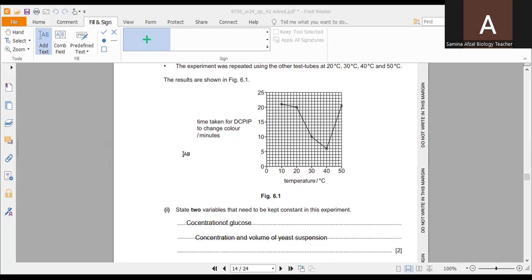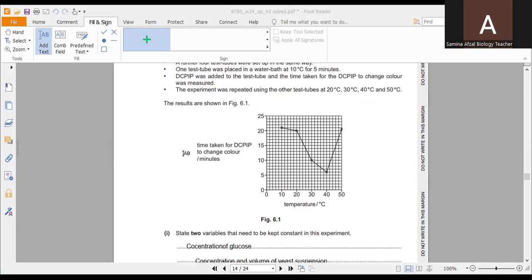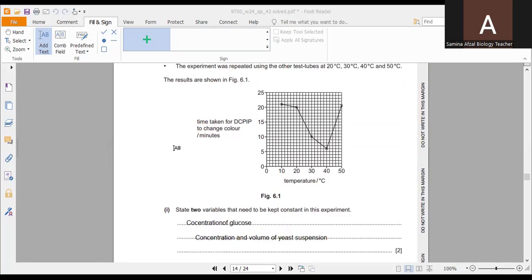State two variables that need to be kept constant in this experiment. You can see here the temperature and the time are the variables. The experiment can be conducted at 20, 30, 40 and 50 degrees centigrade.